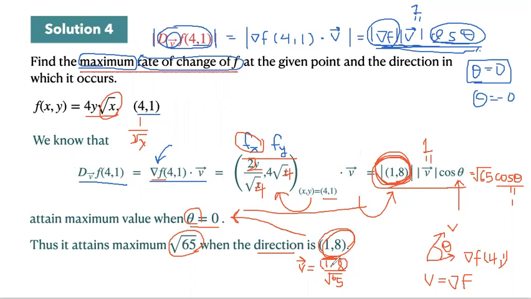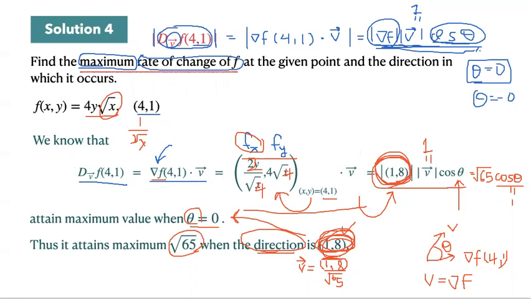However, if we want to find just the direction, then we can say 1,8, because we don't need the unit vector. If we want just the direction, then we can say any vector, 1,8 or 2,16, like that. The length doesn't matter. Okay.